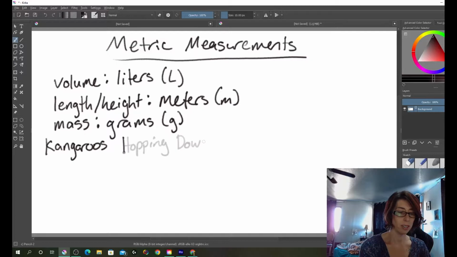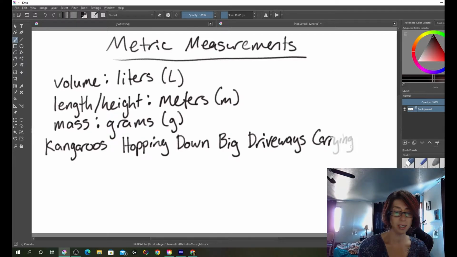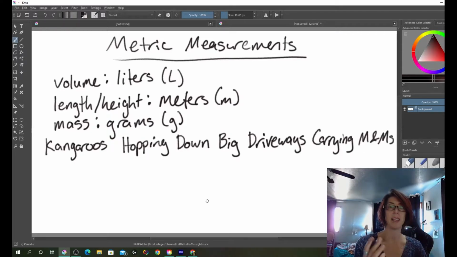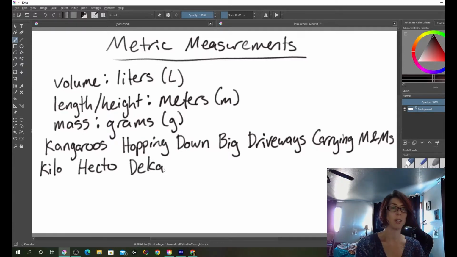Kangaroos, hopping, down, big, driveways, carrying, M&Ms. And this stands for kilo, hecto, deca. And now the B stands for base, and that's your base unit. That's going to be liters, meters, or grams.